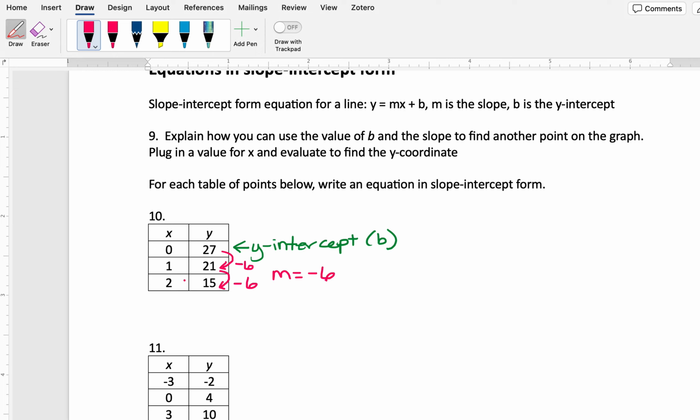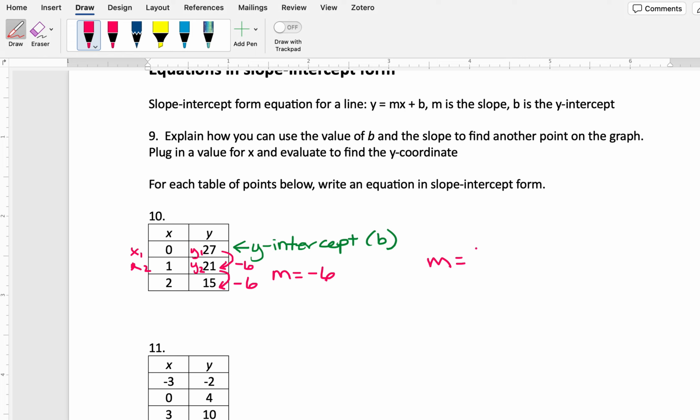We could also use our slope formula here if we wanted to. So if I picked the top 2 points and said that this was x1 and x2, this is going to be y1 and y2. And then plug into the formula.